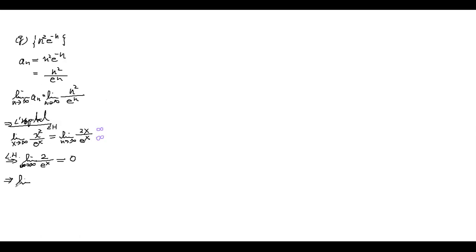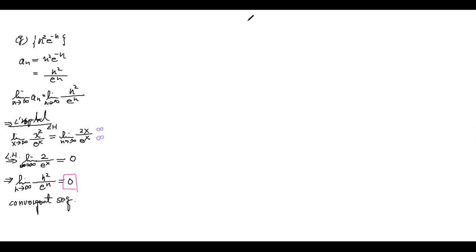It's the same thing for n approaching infinity of n squared over e^n, because of L'Hopital's rule, this is 0. So we know this is a convergent sequence, and it converges to zero.